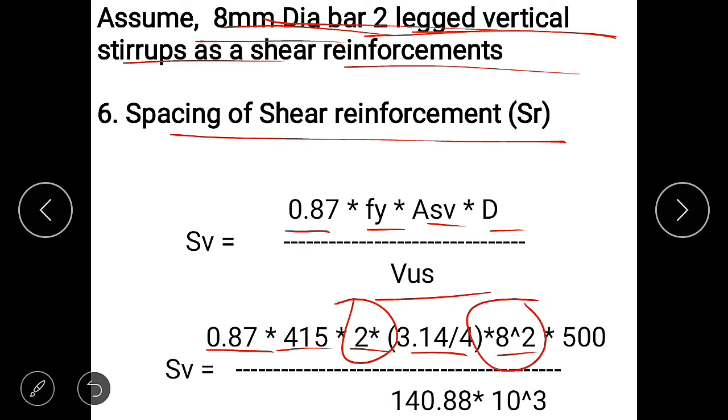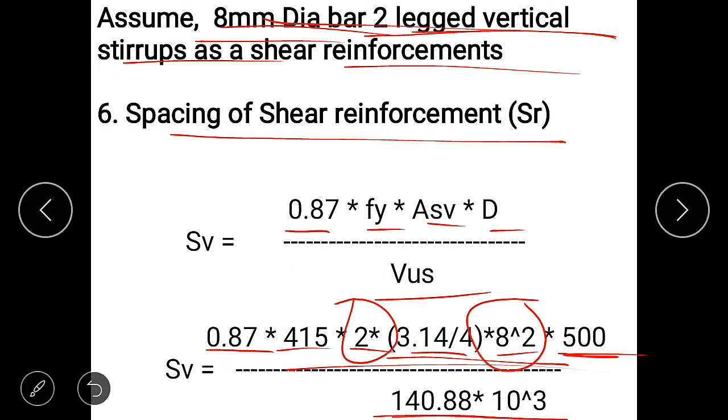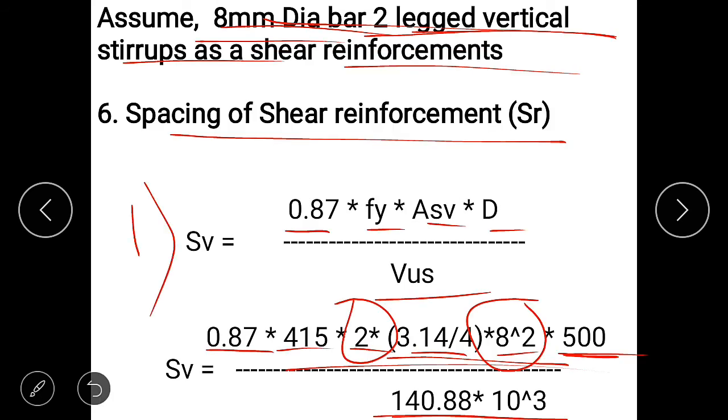So 2 into pi by 4 into d square, d is 500, divided by VUS, which is half the load, 140.88 into 10 to the power 3. So SV is 128.82 mm. This is the first condition.